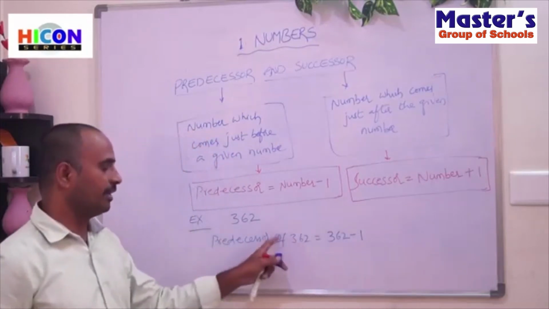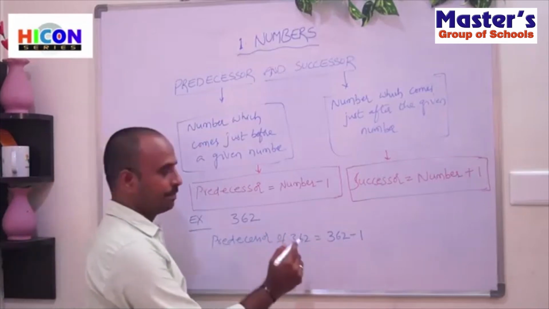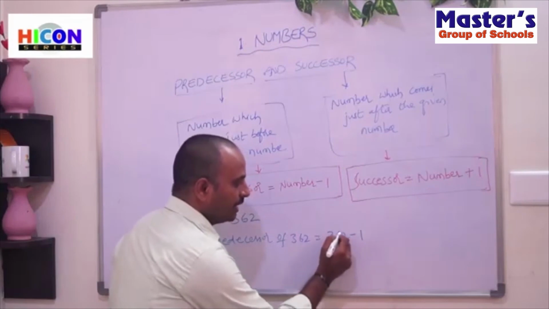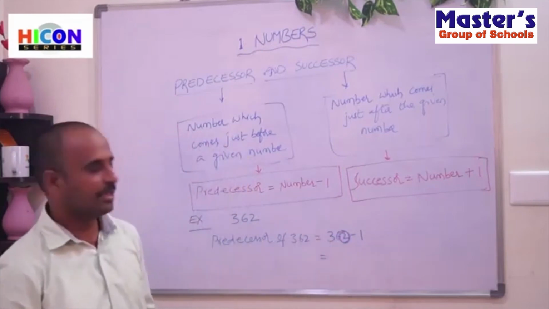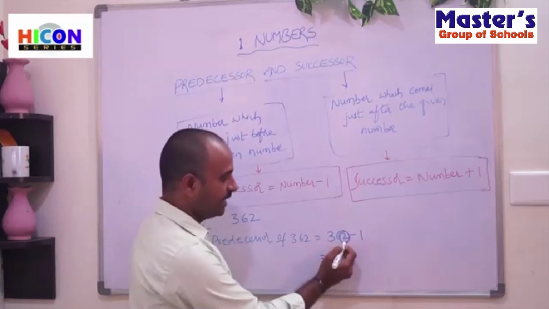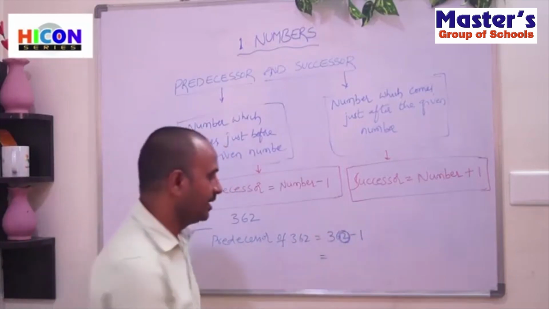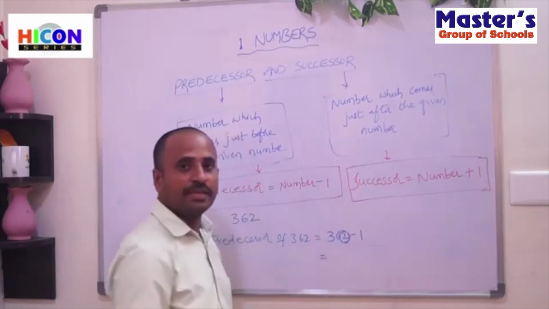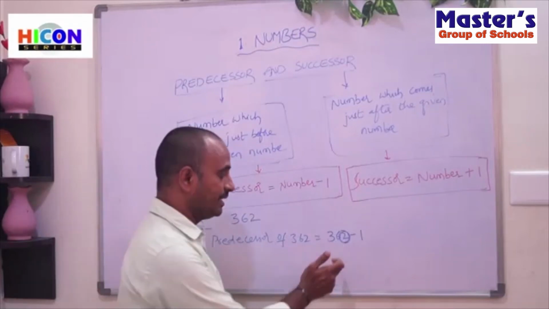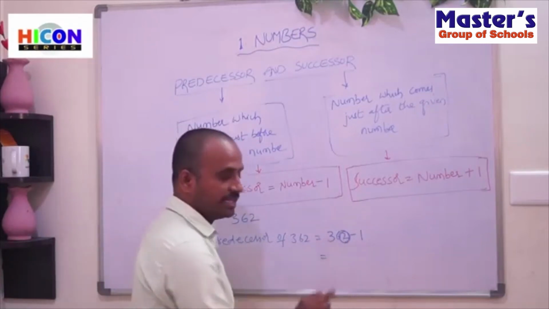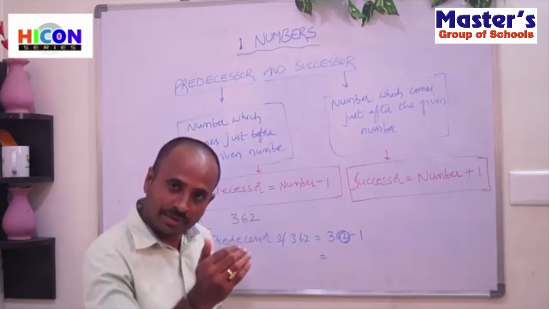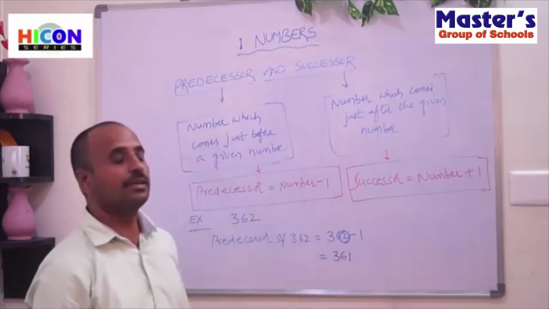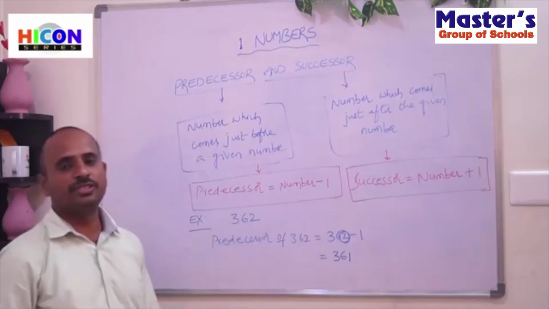If we subtract 1 from the given number, we can get the predecessor. So just subtract 1 from the digit present in the ones place. Here 2 is present in the ones place, so decrease it by 1, and you will get 361. So this is the predecessor of 362.